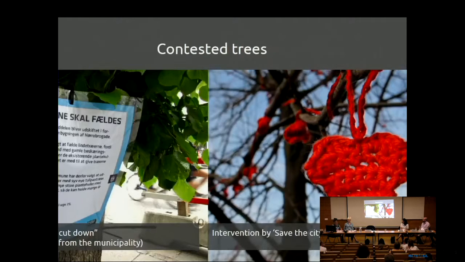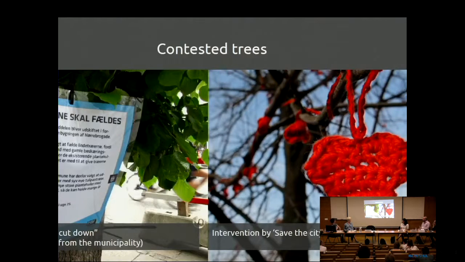The context of the project itself was about asking the citizens where they wanted new trees in Copenhagen. And trees in Copenhagen are very contested. To your right, the heart is an action by the Save the City Trees movement in Denmark, which gets a lot of media attention.